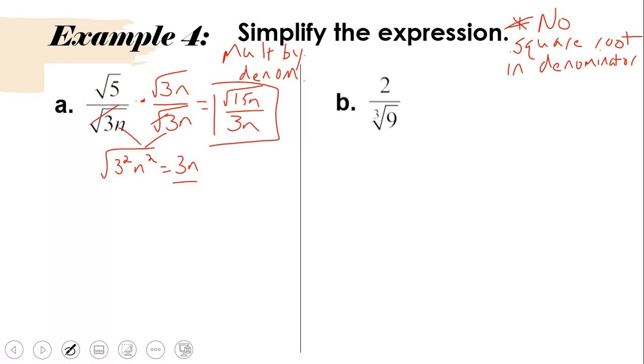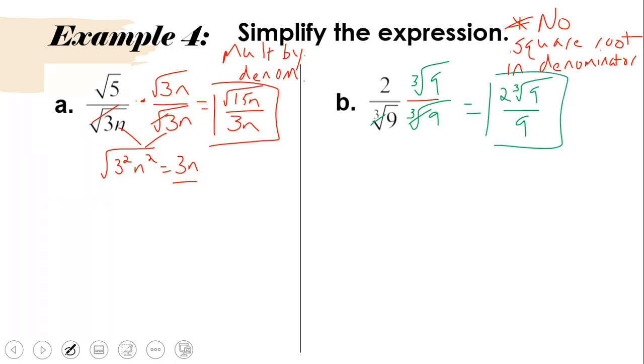Now I'm going to multiply here, top and bottom, by the cube root of 9. So what happens here is that these roots will just cancel, and you'll be left with 9 in the denominator, and then 2 cube root of 9 up top, and there's nothing else to be done there.